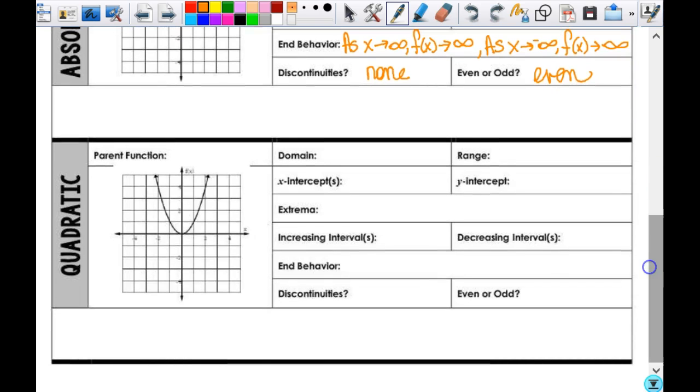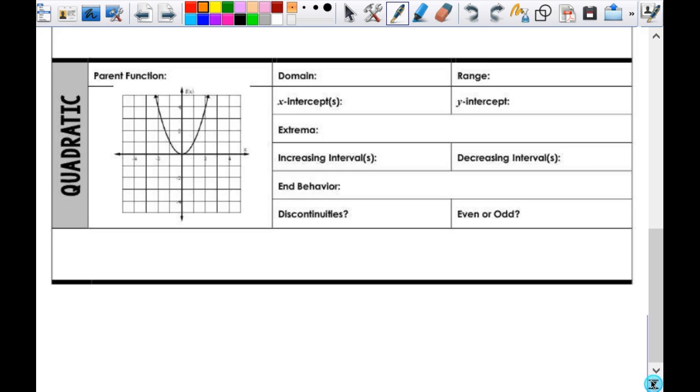All right, and then quadratic. So let's look at this one. Your quadratic parent function would be f of x equals what? x squared. That is a quadratic. That is a parabola. It is x squared, right? So our domain for this is what?